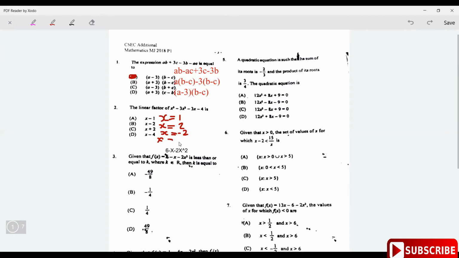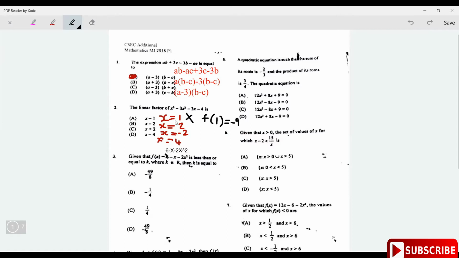Let's start with 1. If you plug in 1, you're going to get 1 cubed minus 3 times 1 squared minus 3 times 1 minus 4. That's negative 9. So this one doesn't work, because we're getting f of 1 equal negative 9. Let's try 2.